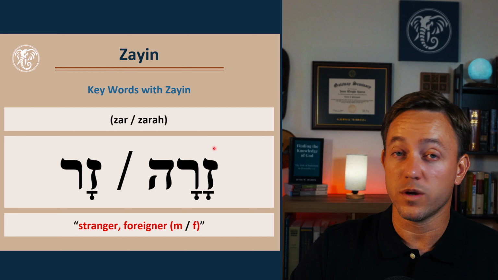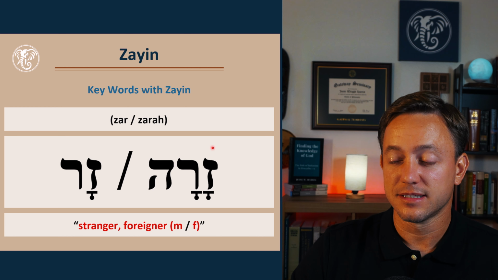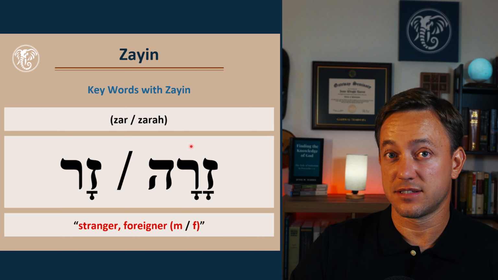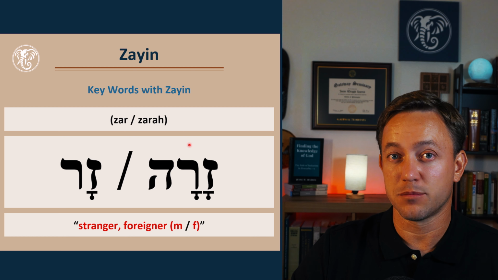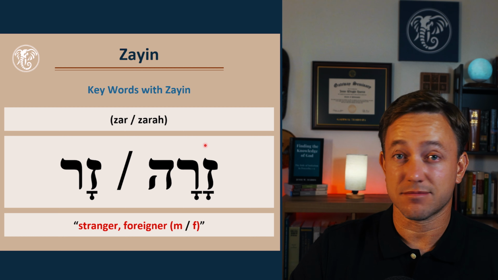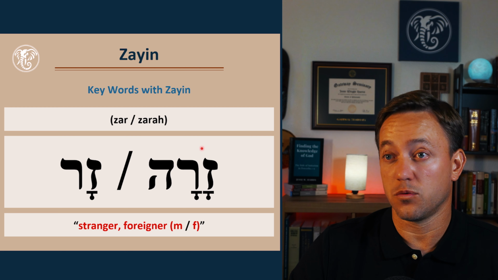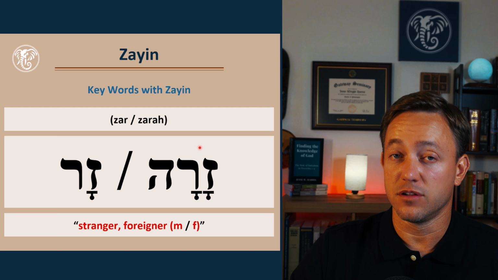But then wisdom, chokmah, is given this sort of feminine mystique in Proverbs 1-9, and she's more affiliated with the ways and the law of the Lord.